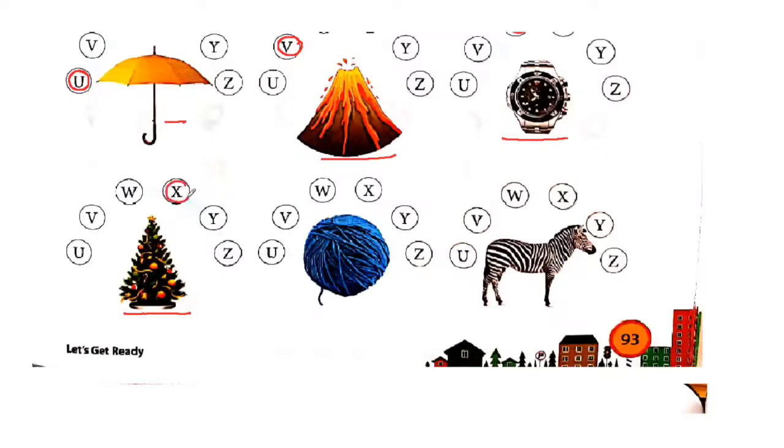So X stands for Xmas. What is this? This is the picture of wool. So W. Zebra. This is the picture of a zebra and Z stands for zebra. So students, I hope you have understood this question.